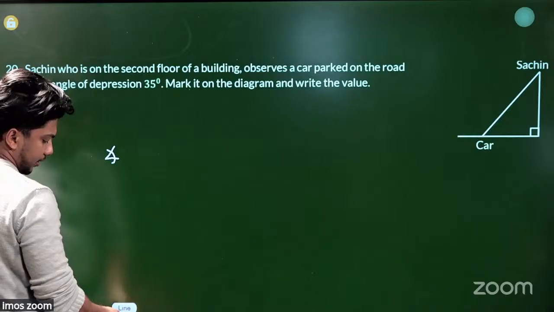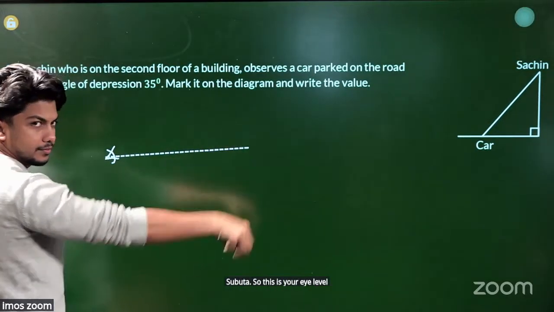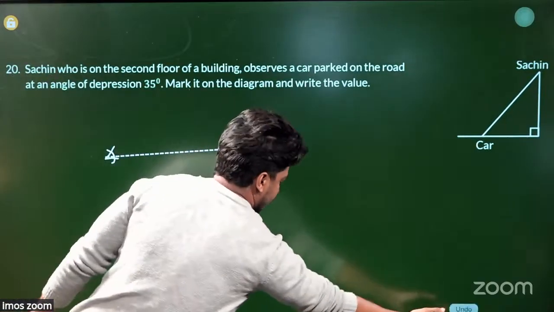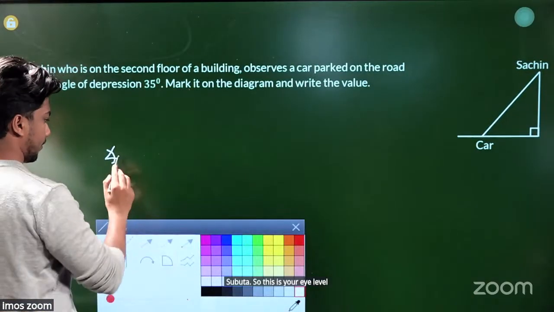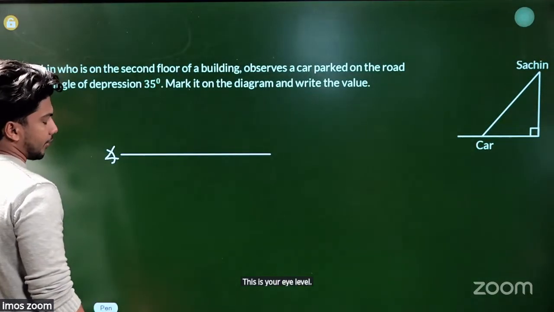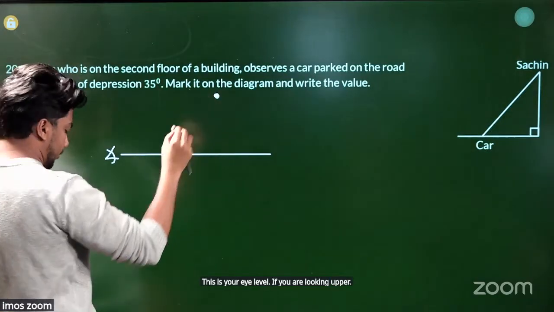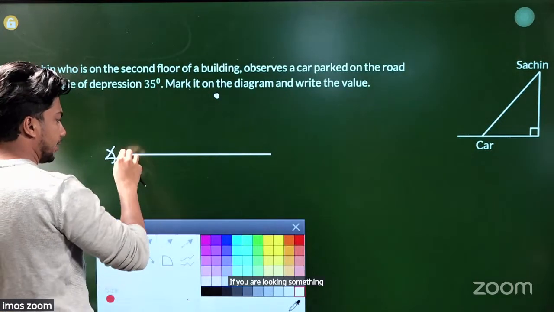So this is your eye level. If you're looking at something upper, your line of sight is this.